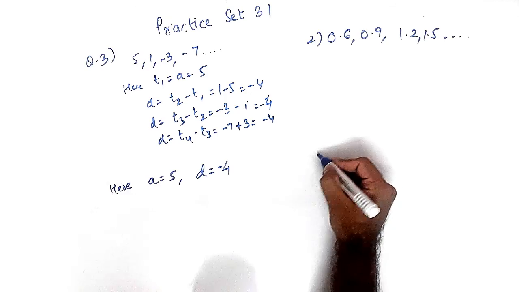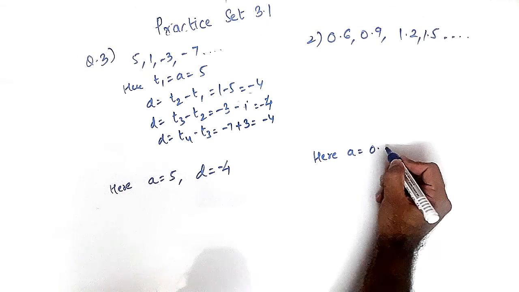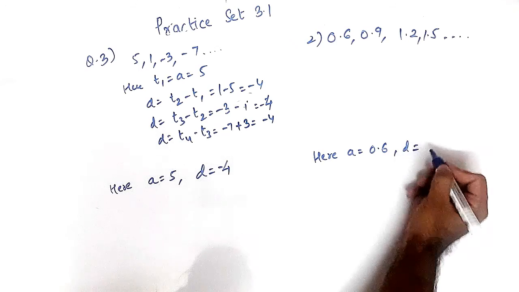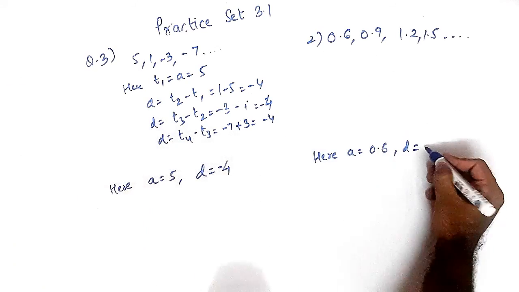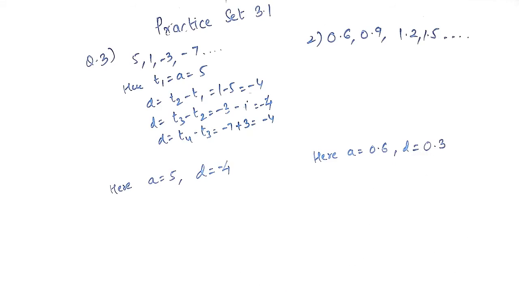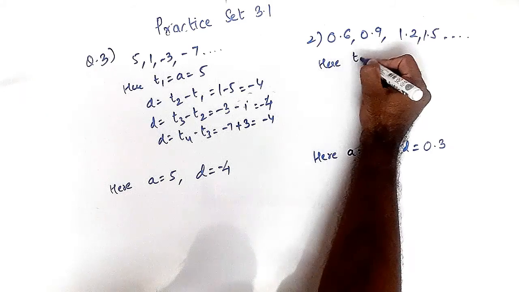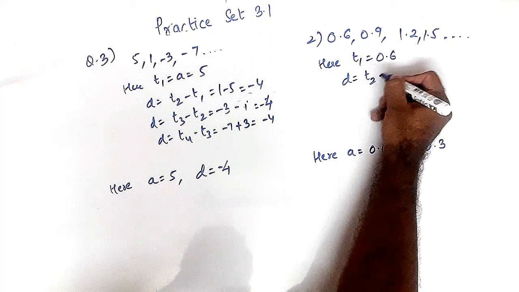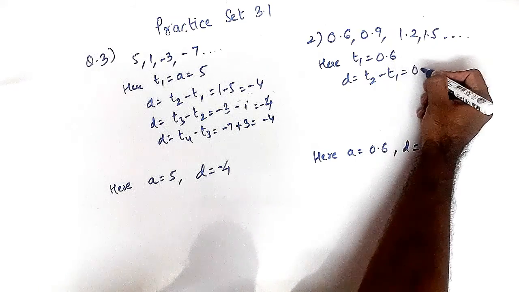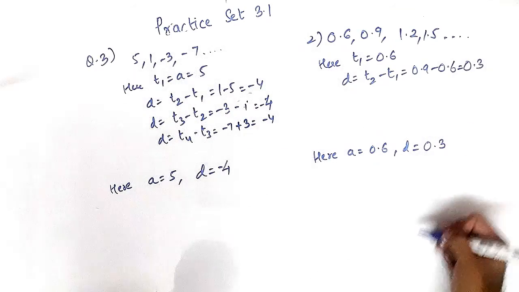Okay, A is 5. Here also I'll start. Here A is what? A is 0.6. And what about the common difference? Common difference is 0.9 minus 0.6, so it is 0.3. Simple. So here I'll write T1 is equal to 0.6, D is equal to T2 minus T1 is equal to 0.9 minus 0.6 equals 0.3.